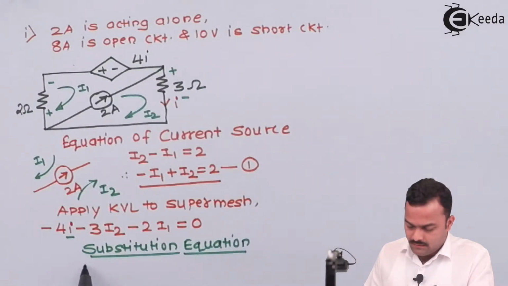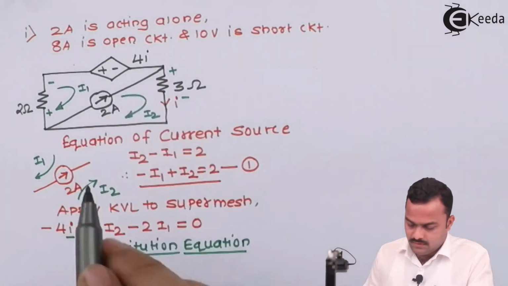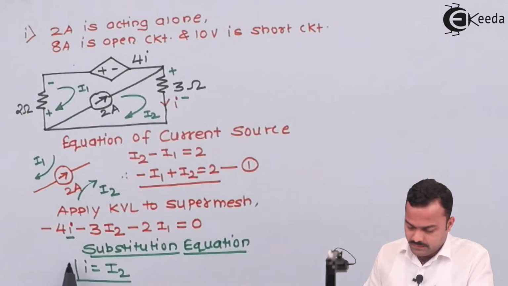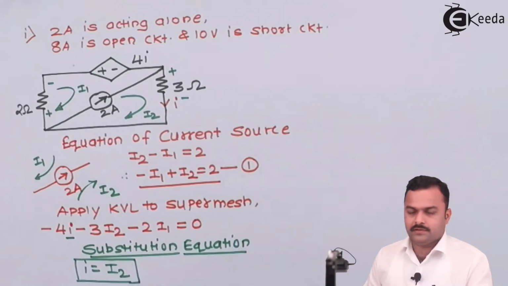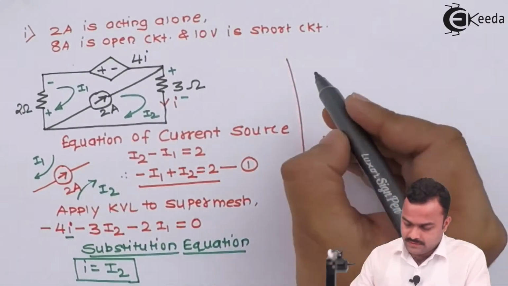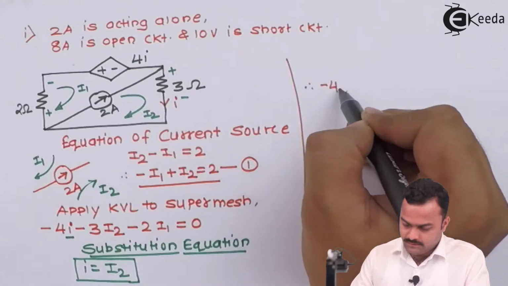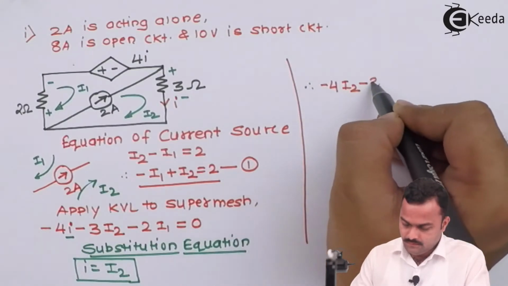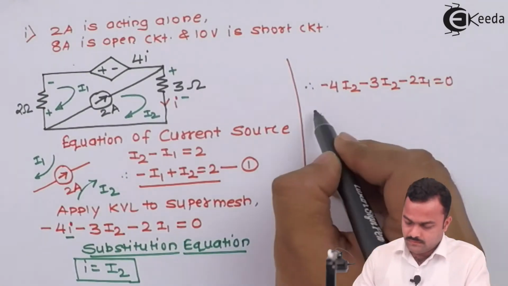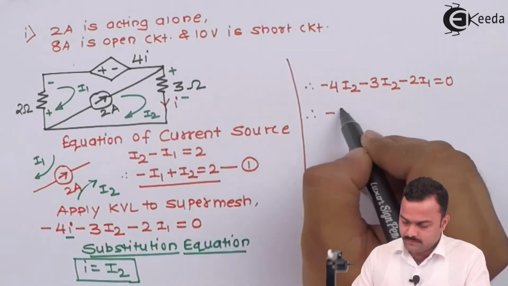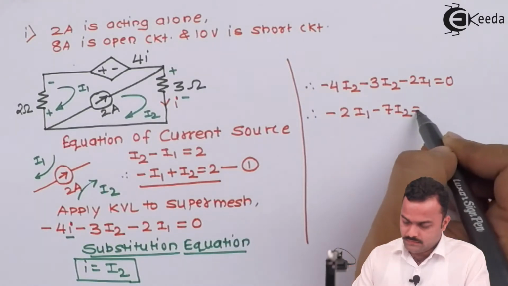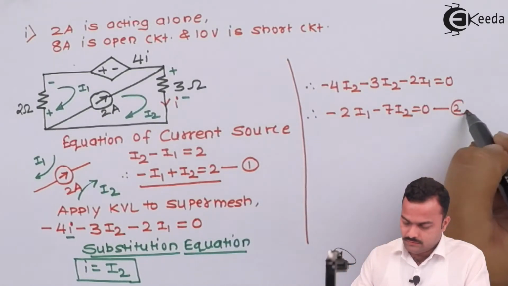So I is nothing but I2, clear over here. So wherever there is a small i present, we will replace it with I2. By doing so, I will get minus 4I2 minus 3I2 minus 2I1 equal to 0. Upon simplifying, we'll get minus 2I1 minus 7I2 equal to 0 as equation number 2.